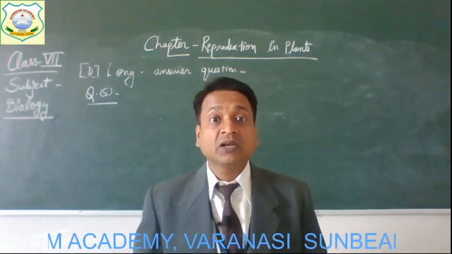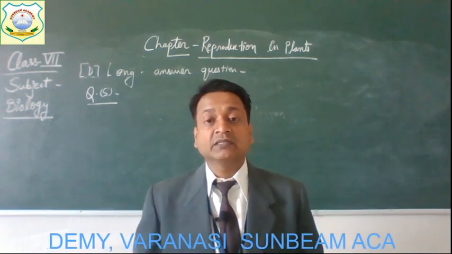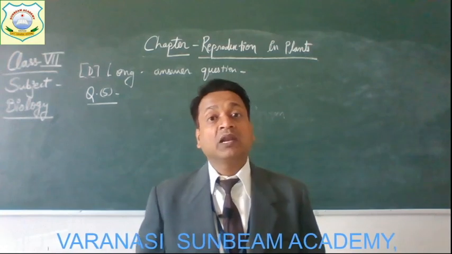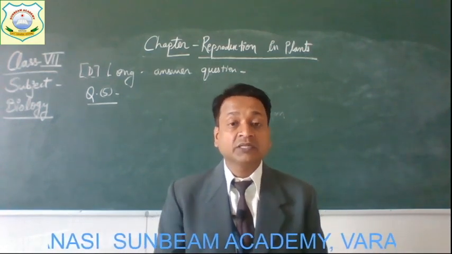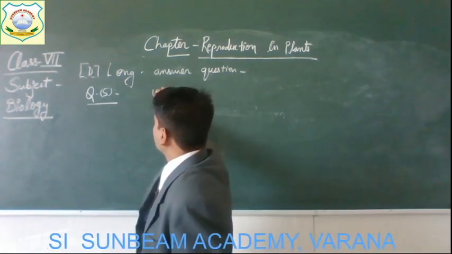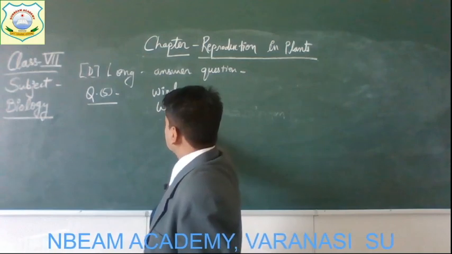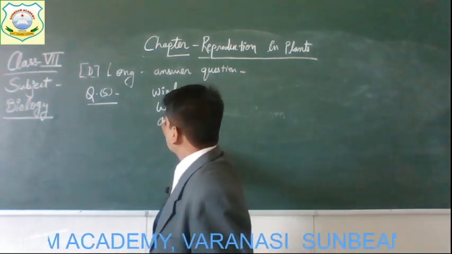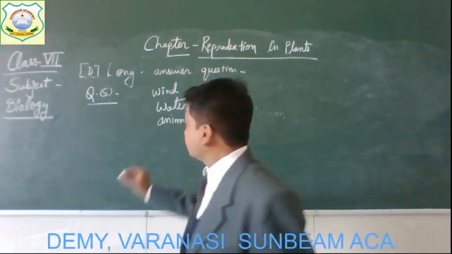So dispersal of seed by some natural agents is necessary, by which the seeds of a plant get scattered over a large area. And the names of the agents of dispersal are: the first one wind, second water, third animal, and the fourth one is explosion.